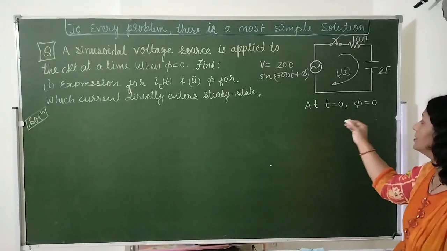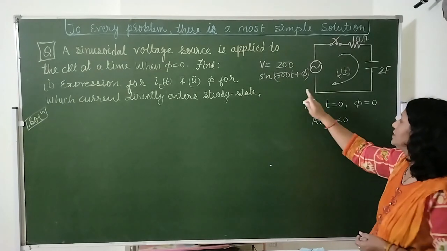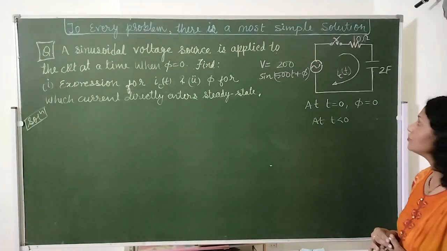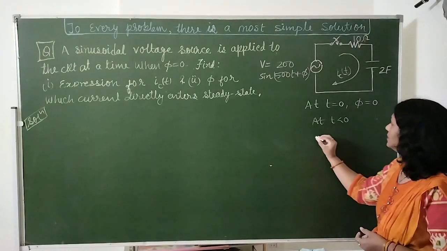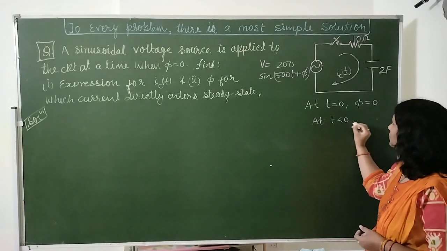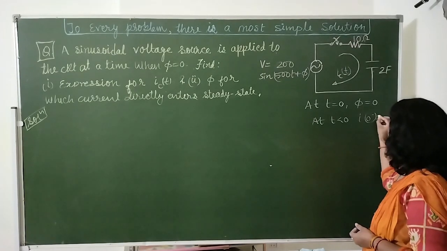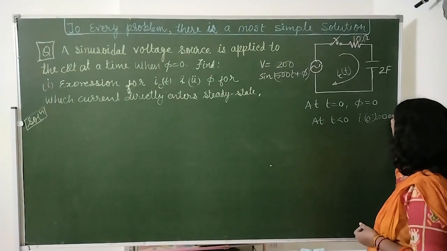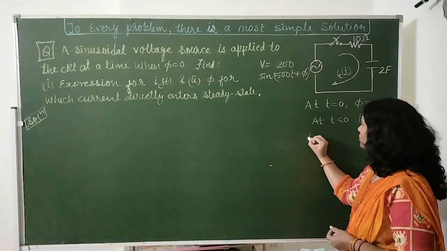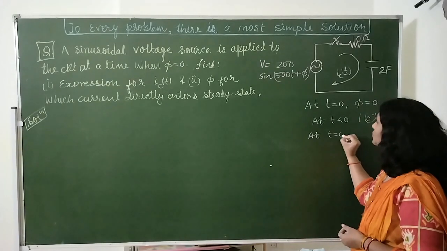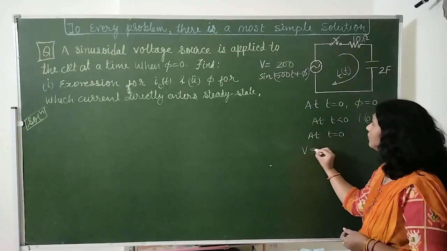we will see our circuit at t less than 0, and at t less than 0 no voltage is applied to our circuit, so this will behave as a short circuit, and the current flowing at that time, i(0 minus), will be 0 ampere because no voltage is there. Now at t equals 0, the switch is closed, voltage is applied, and what is the value of voltage?